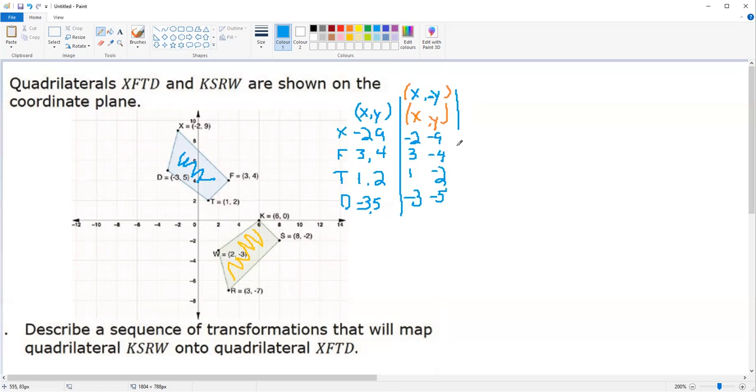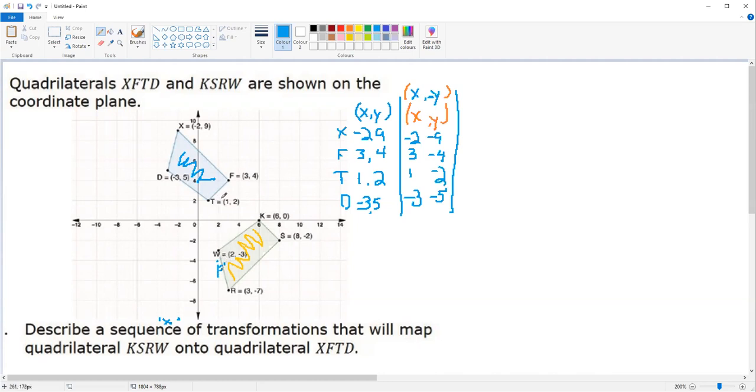All right, so now that's going to put me in the right orientation. I'll go ahead and plot that. -2, -9 is way down here. That is my K prime. 3, -4 is right here, my F prime.